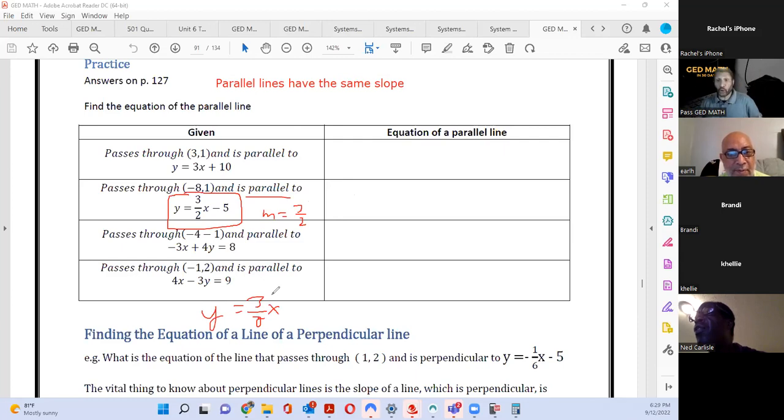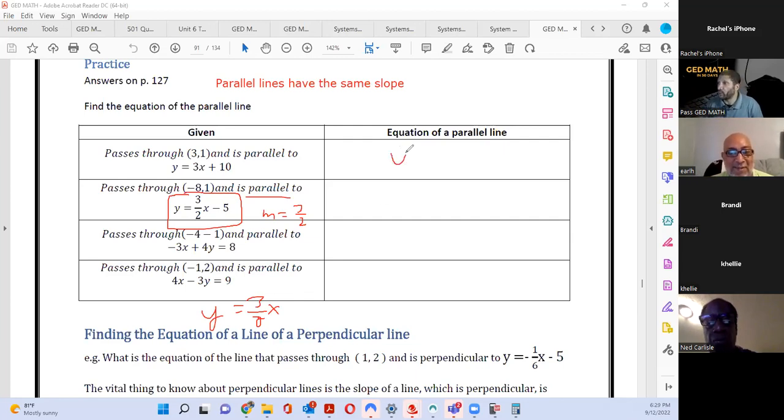Now, if there's only one equation that starts with y equals 3/2 x, you're done. You don't have to do any work. But if more than one has y equals 3/2 x, we need to find the y-intercept.